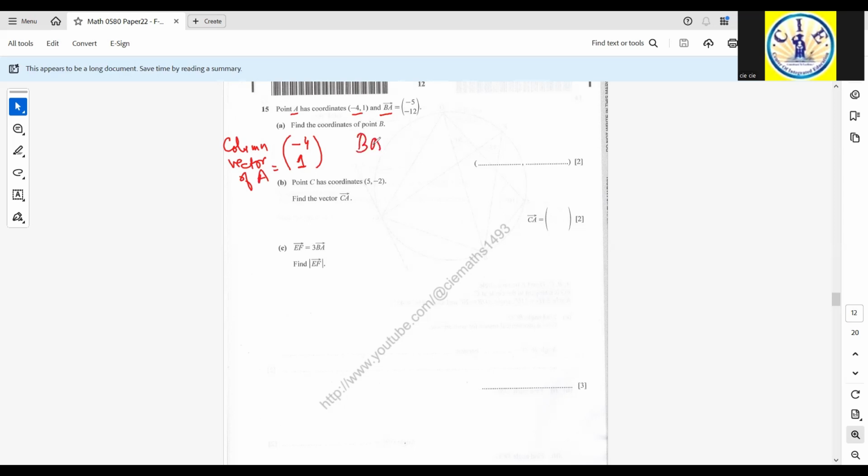Now for vector BA, it actually means the position vector of the final point A, OA minus OB. That means -4, 1 minus OB, which is still to be found out. Let me write it down as XY. And I know the values of the vector BA, that is -5 and -12.